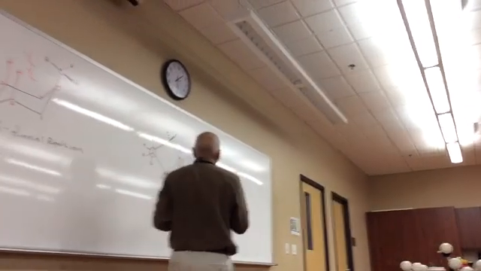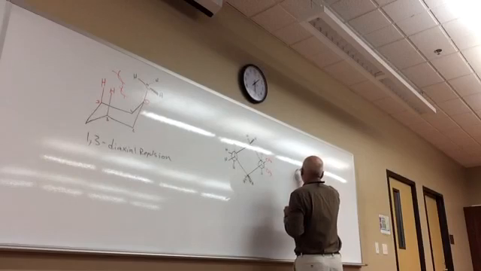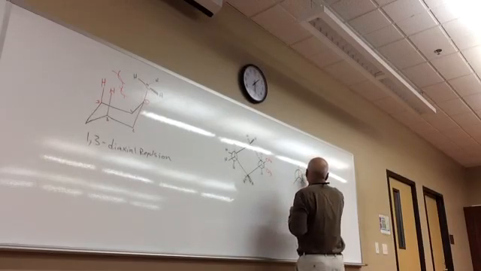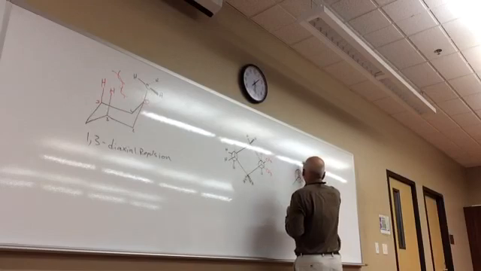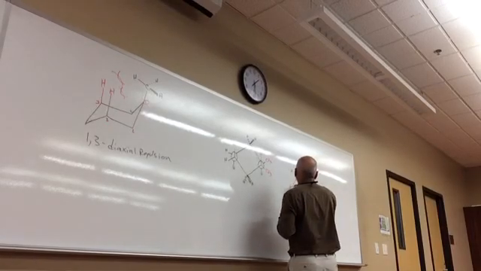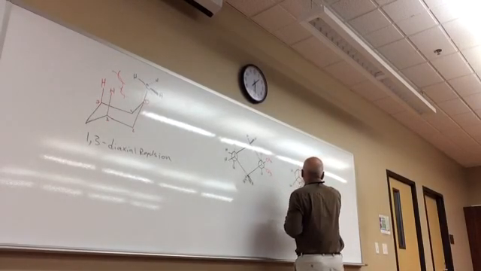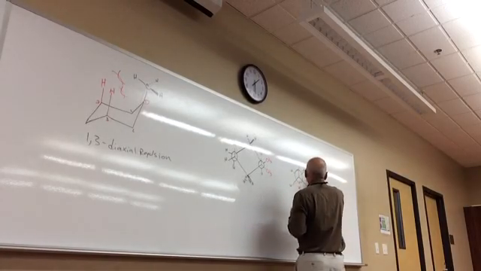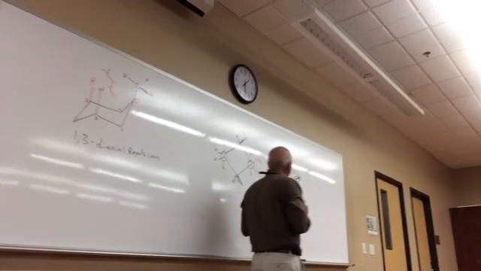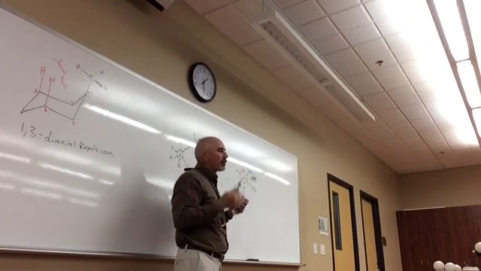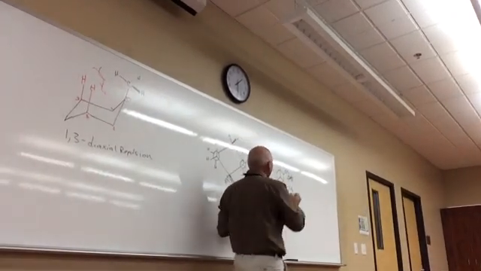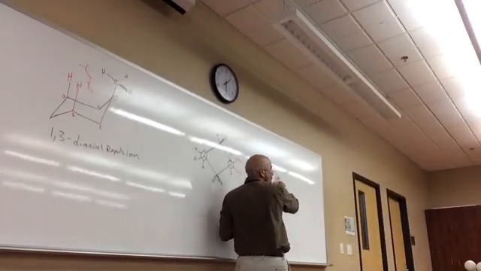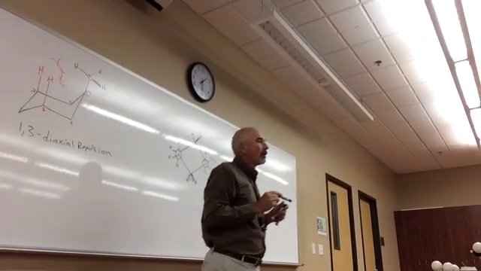So gauche means, if I have just butane, let's say, we're good at saying those methyl groups are gauche to each other, okay? But actually everything that is just 60 degrees off is gauche.